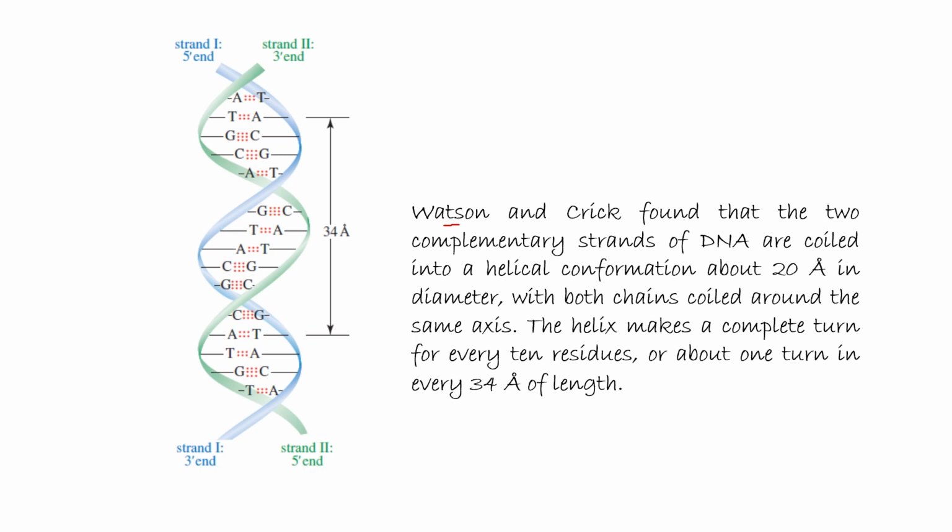Watson and Crick found that the 2 complementary strands of DNA are coiled into a helix conformation about 20 angstrom in diameter, with both chains coiled around the same axis. The helix makes a complete turn for every 10 residues, or about 1 turn in every 34 angstrom of length.